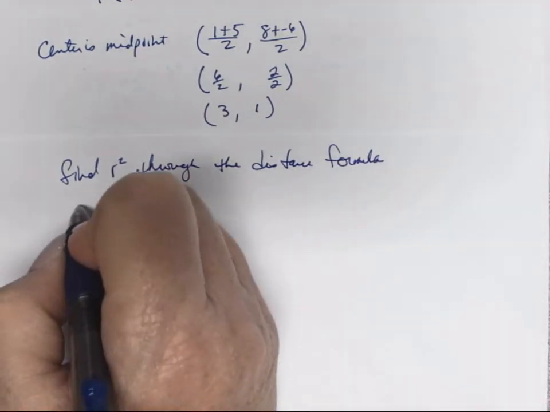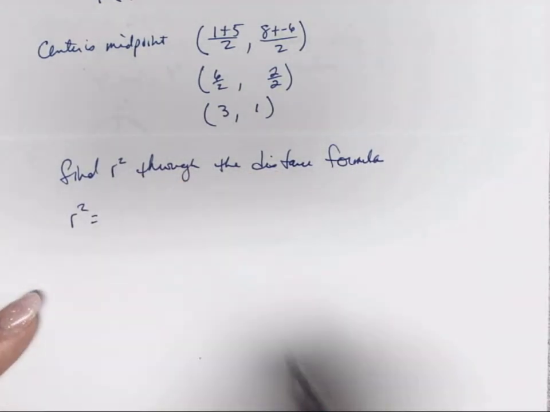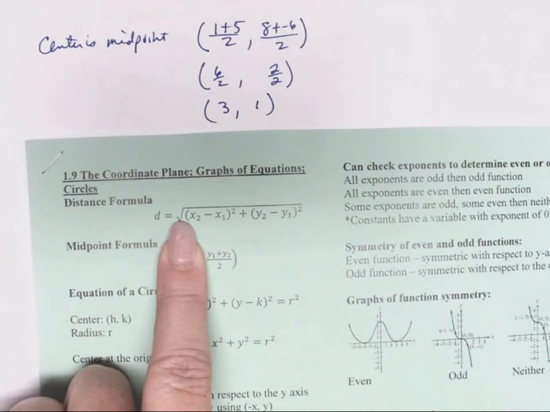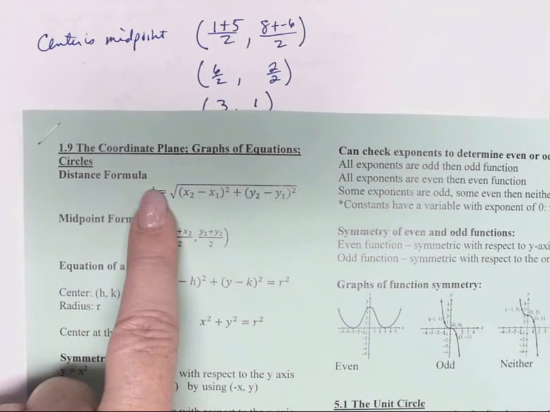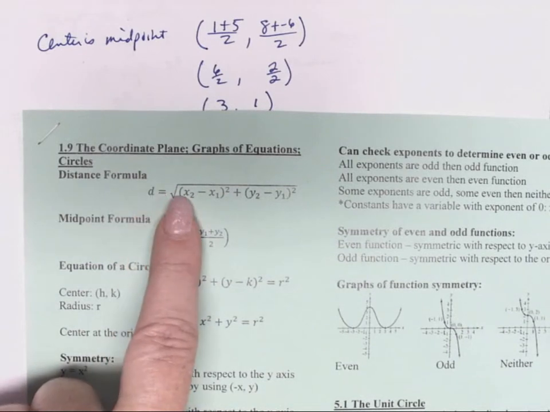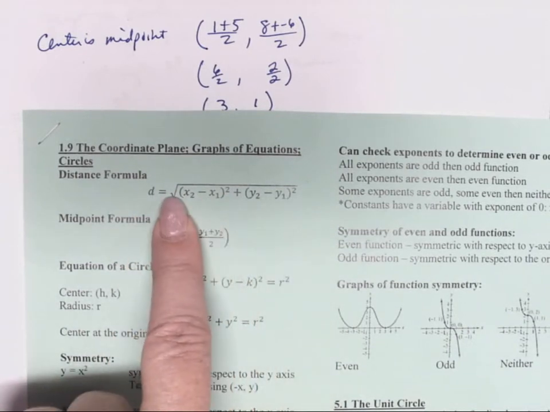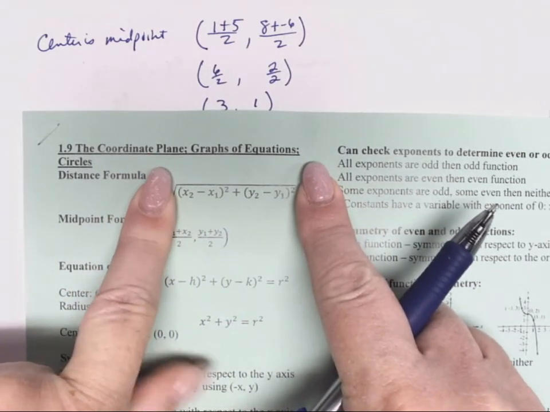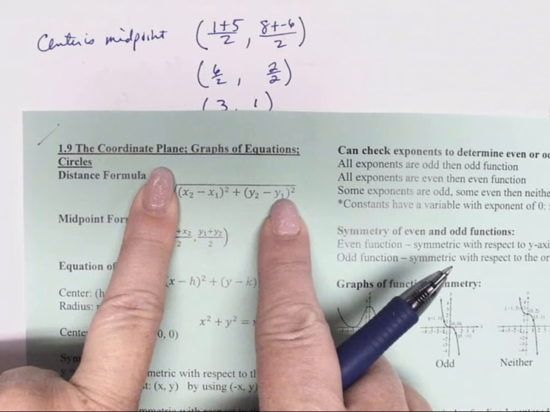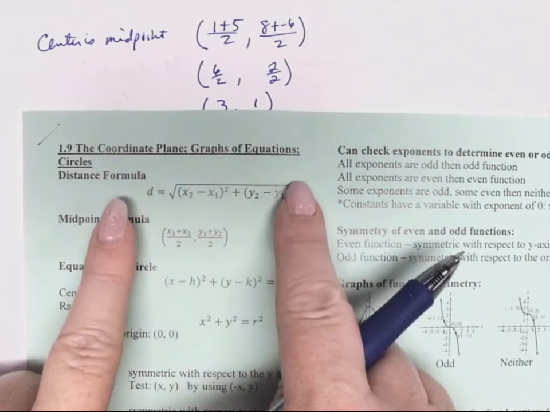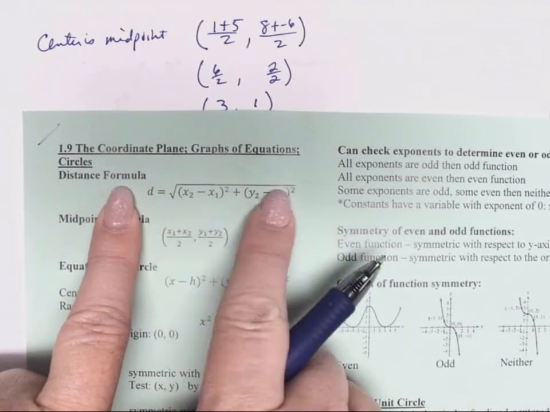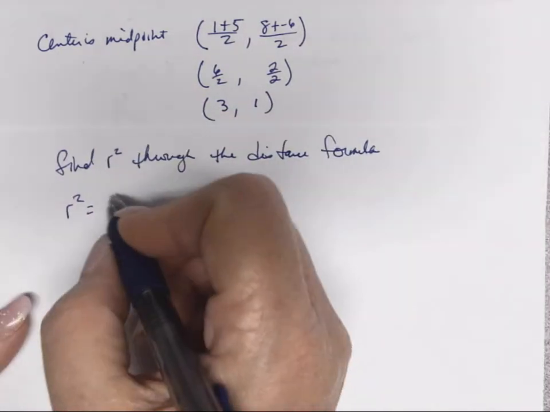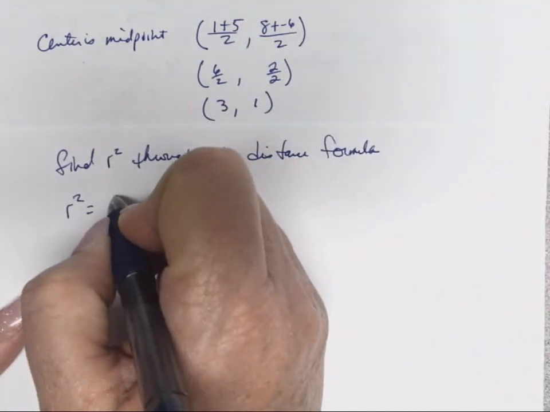So r squared is equal to, if you remember, our distance formula is d is equal to the square root. Well, if we square the distance, and we square both sides, we just have this part with x sub 2 minus x sub 1 squared plus y sub 2 minus y sub 1 squared. So if we square both sides, we get a square over here, and we don't have the square root. So we're just going to plug in without using the square root because we're going to find our r squared.